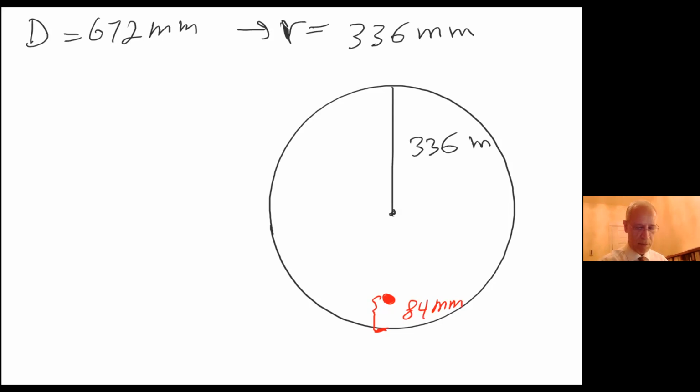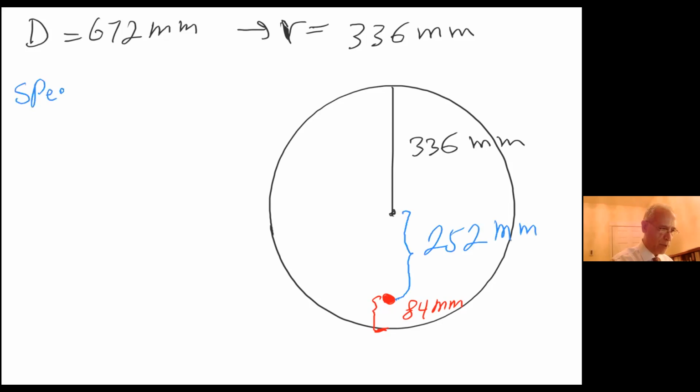336 millimeters, and that leaves the difference to 252 millimeters. What else are we given? We are given that the speed of the bike is 1.5 meters per second.